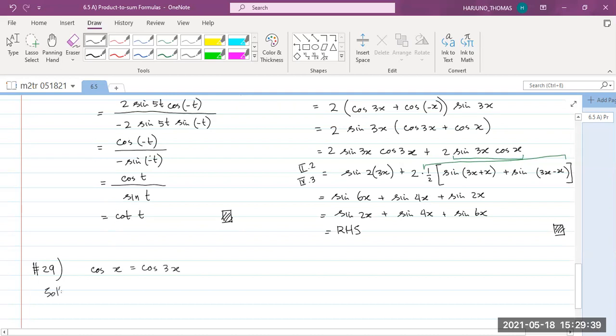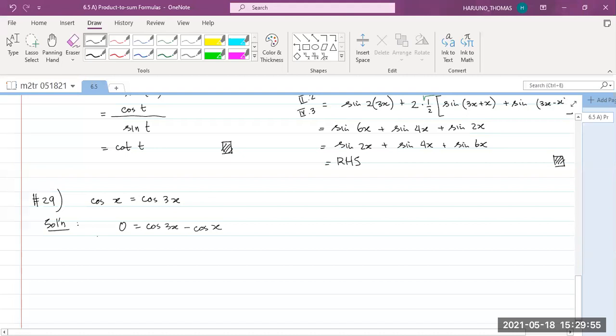Solution: I set one side equal to 0. The idea is I set one side equal to 0. And the right hand side we have a difference of cosines. Now using the formula, you make it become a product, right?